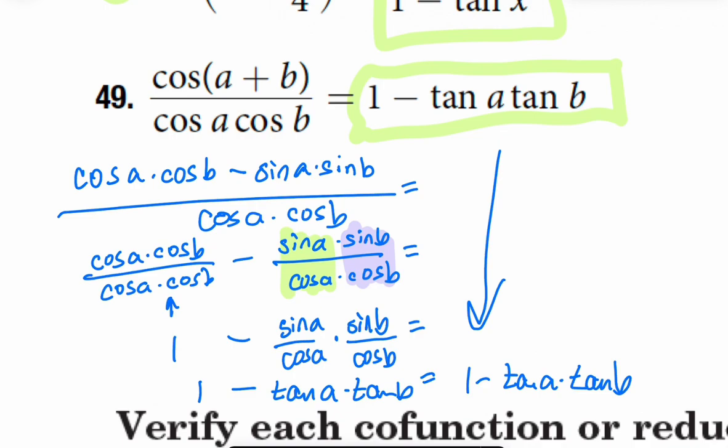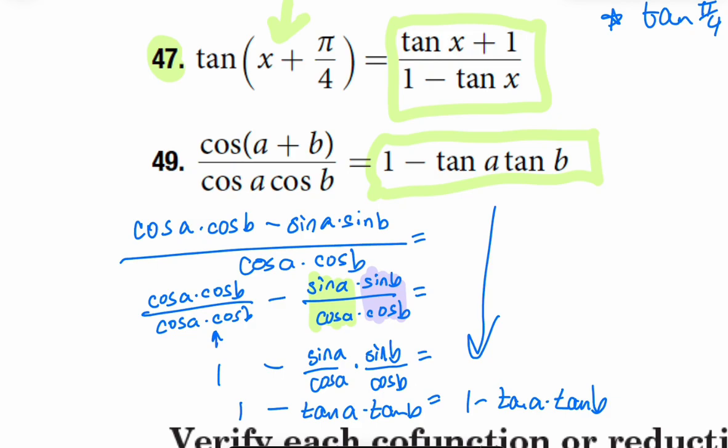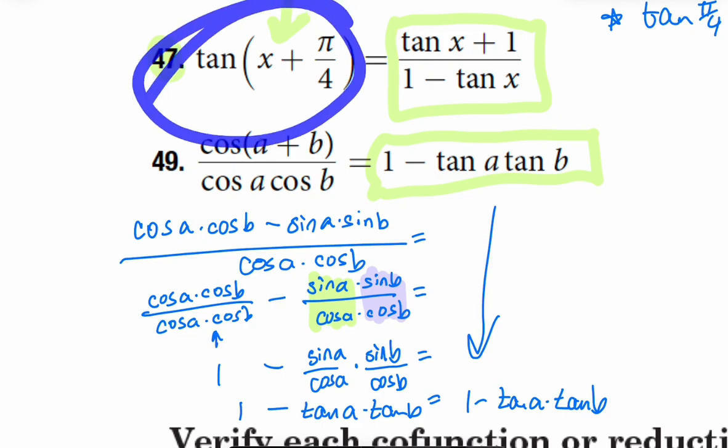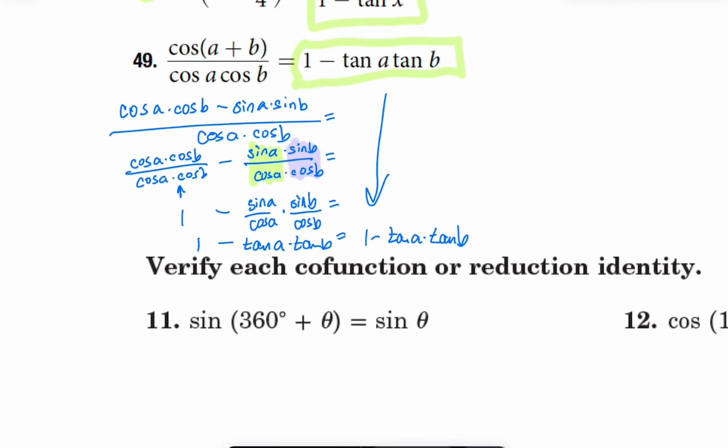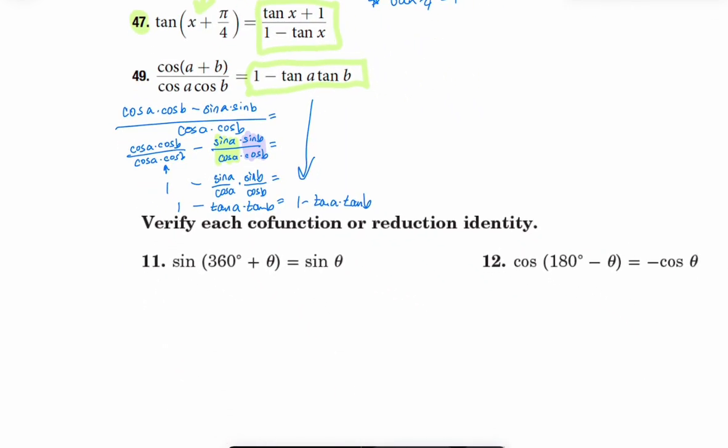So that's kind of what you have to do for 47. Again, for 47, apply the formula up on the board to this side. It will lead you very quickly to the other side. And then 11 and 12 are, again, just verifying an identity similar to what we did on the 9-1.